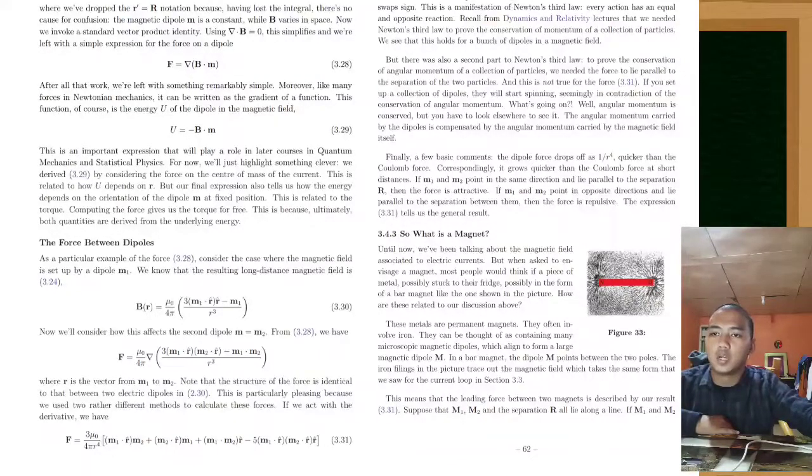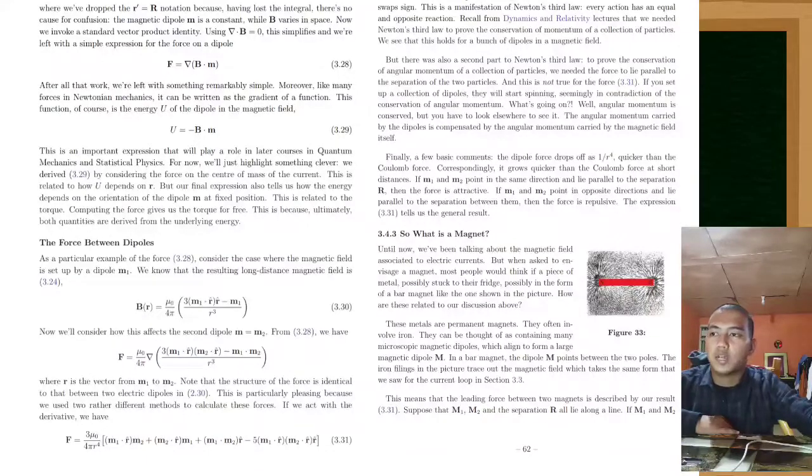Note that the structure of the force is identical to that between two electric dipoles in 2.3. This is particularly pleasing because we used two rather different methods to conclude this force.